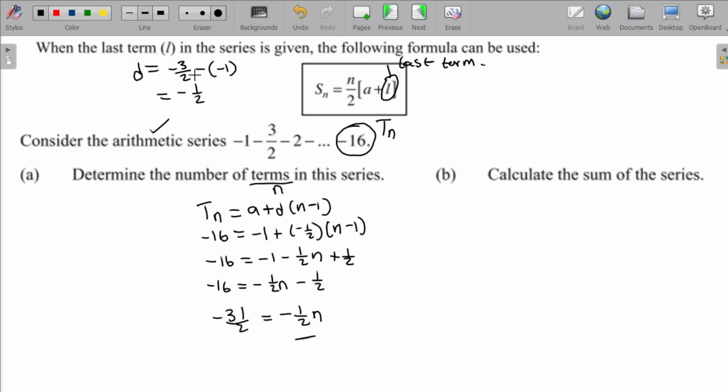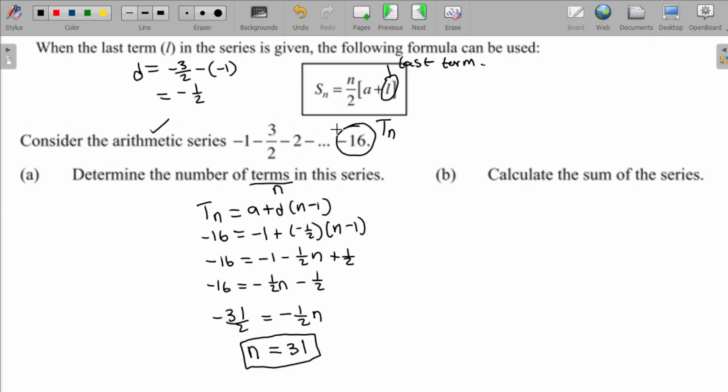And then we divide both sides by negative 1 over 2, and we're going to get an answer of n is equal to 31. Now, how many terms do we have in this series? We have 31 terms, because the last term, which is this negative 16, is the 31st term.